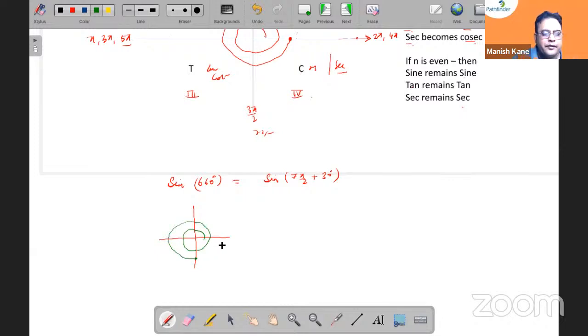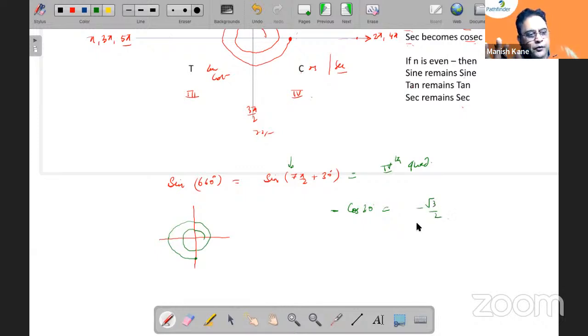If I do plus 30, that means I'm going to go into the fourth quadrant. In the fourth quadrant, sine is negative, so I will take a minus. And since n is odd, sine will convert to cos. I'm going to get minus cos of theta, that is minus cos of 30. And what is cos of 30? Cos of 30 is root 3 by 2. So this will give me minus root 3 by 2.